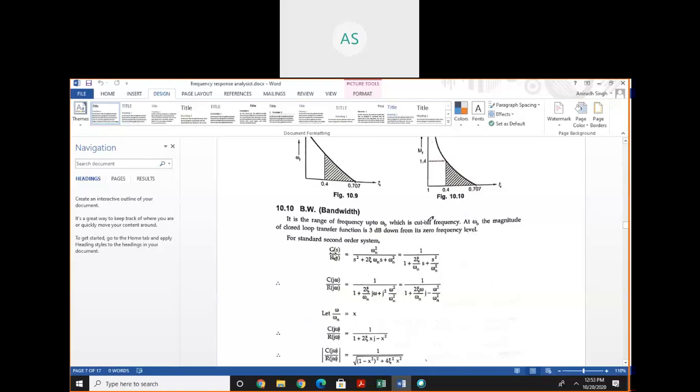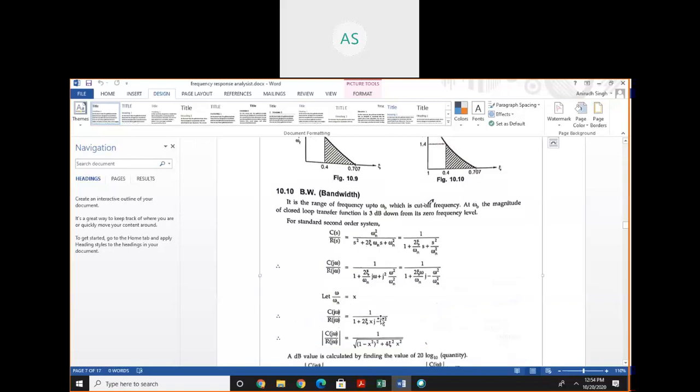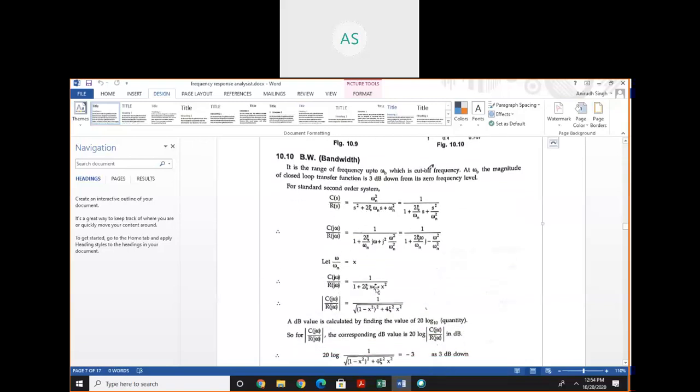Then bandwidth. Bandwidth is the range of frequency up to omega b. Omega b is the cutoff frequency. At omega b, the magnitude of the closed loop transfer function is 3 dB down from its zero frequency level. So first we write the standard second order system.